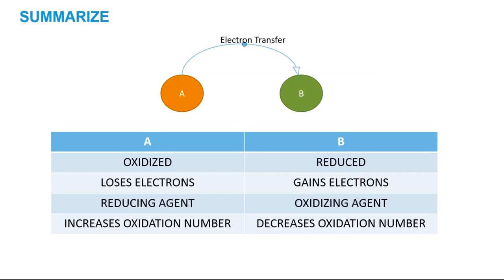A is a reducing agent, it helps B to reduce. B is an oxidizing agent, it helps A to oxidize. In oxidation reaction, oxidation number or oxidation state increases, whereas in reduction reaction, oxidation state or oxidation number decreases.